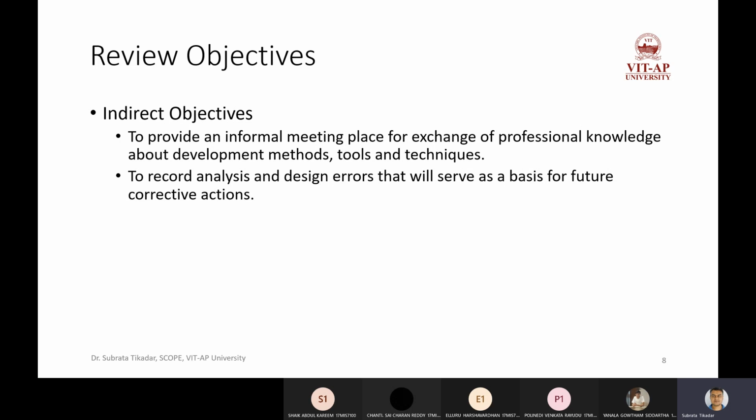The second indirect objective is to record analysis and design errors that will serve as a basis for future corrective actions. The corrective actions are expected to improve the development methods by increasing effectiveness and quality, among other product features.